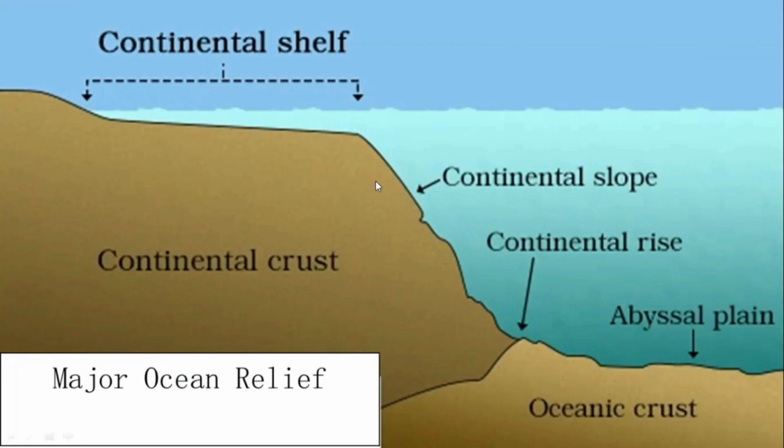The shelf, till here, typically ends at a very steep slope. After this, you see a very steep slope. This point, from where the gentleness ceases to a steep slope, is called the shelf break.